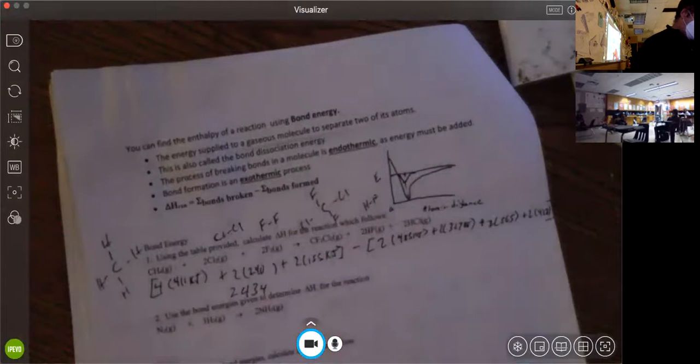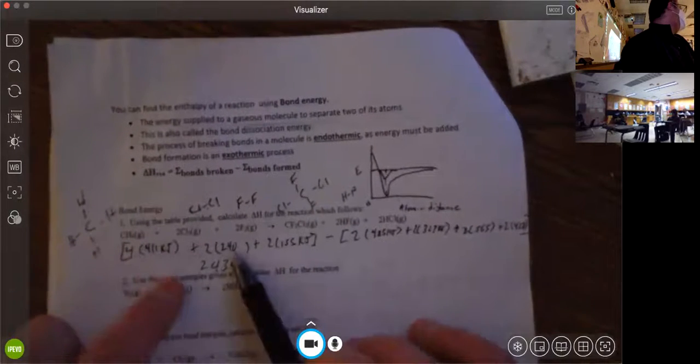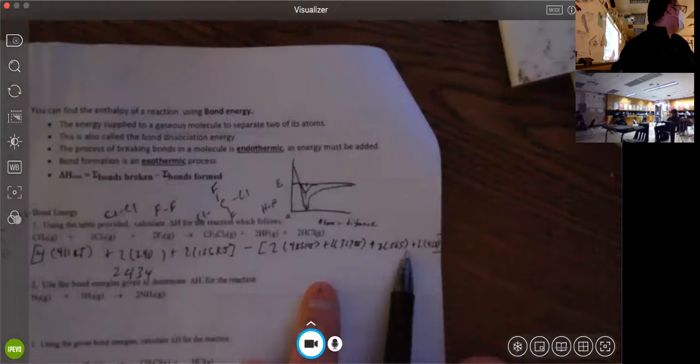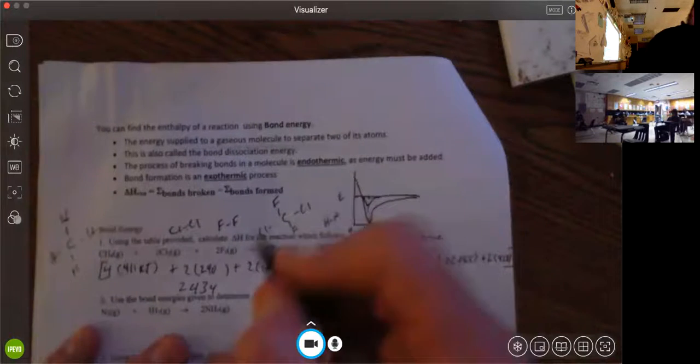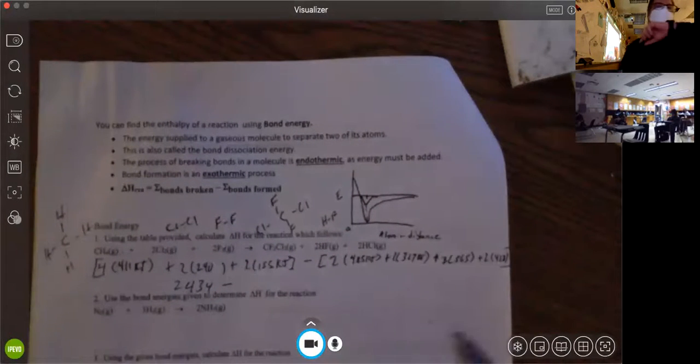All right. Make sure this is right. Again, make sure you understand that all of these are positive, which basically means we are putting in that energy to break these, right? And we are subtracting this energy from that to figure out how much will be left over. 2 times 485 plus 2 times 327 plus 2 times 565 plus 2 times 428.